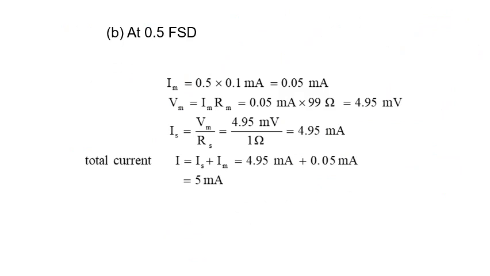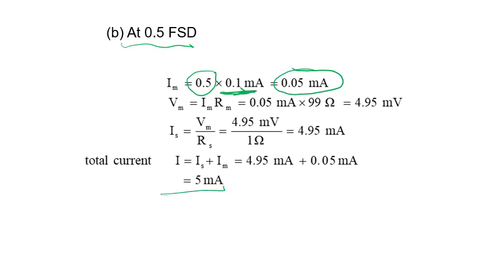How about 0.5 full scale deflection? We will allow 50% of the current to go to the PMMC. The PMMC is 0.1 milliampere. We will take half of it, so we will get 0.05 milliampere. And we will repeat the same thing as before.